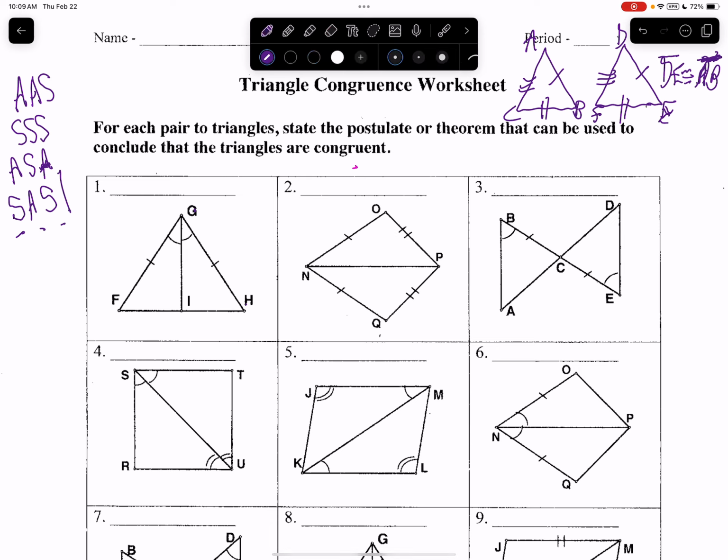You could actually use that. You would even see it written this way: triangle FGI is congruent to triangle HGI, right?